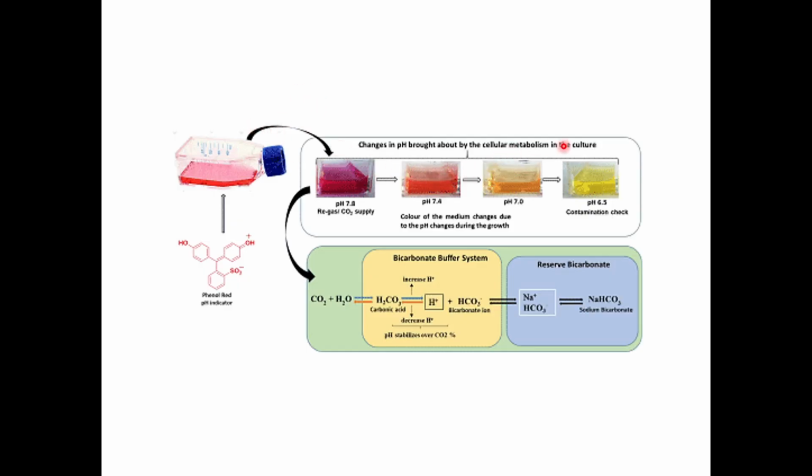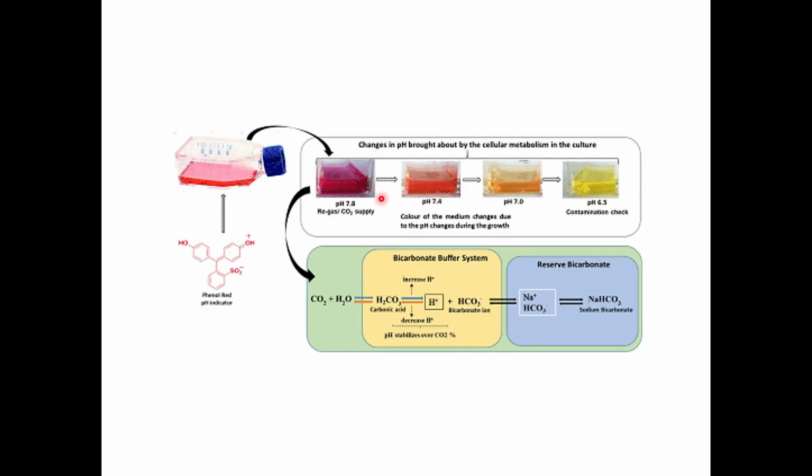So how can you visualize this? Even though the bicarbonate is there, it is still not visible to the naked eye. So we add something called phenol red. So phenol red is a pH indicator. So this is reddish pink at physiological pH, and this is actually how it looks in physiological pH, a reddish pink or an orange shade.